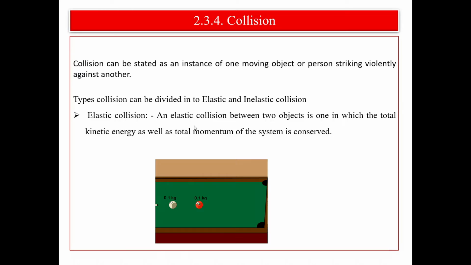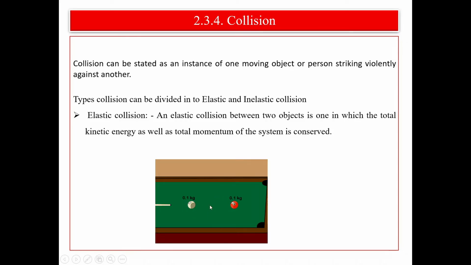An elastic collision between two objects is one in which the total kinetic energy as well as the total momentum of the system is conserved. For example, consider two balls that collide with each other.